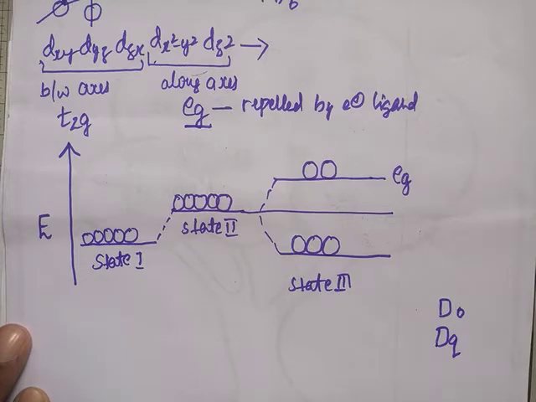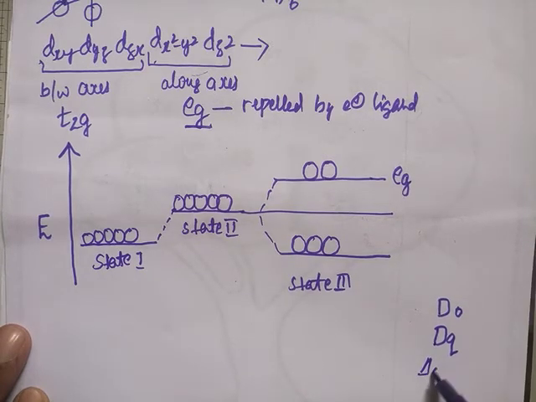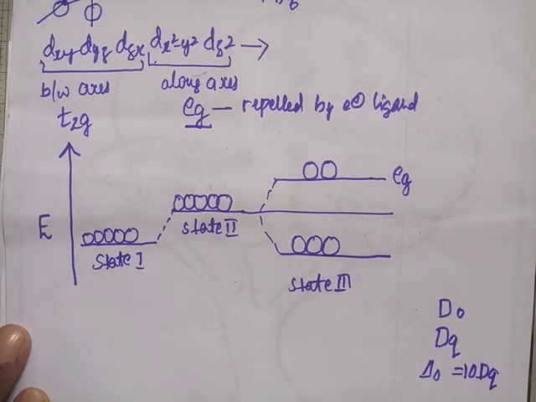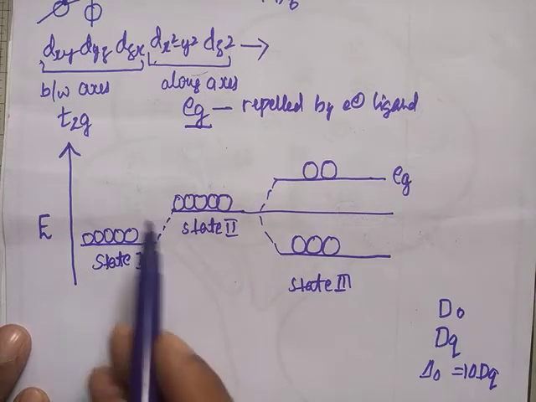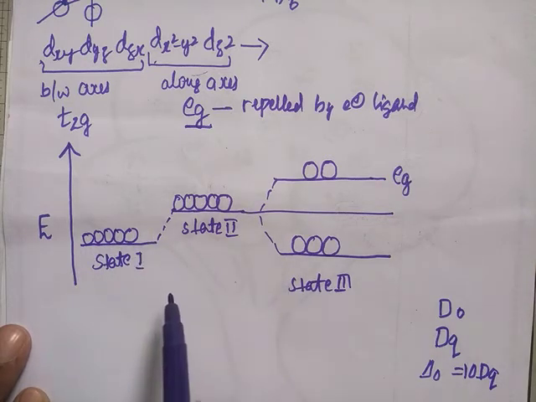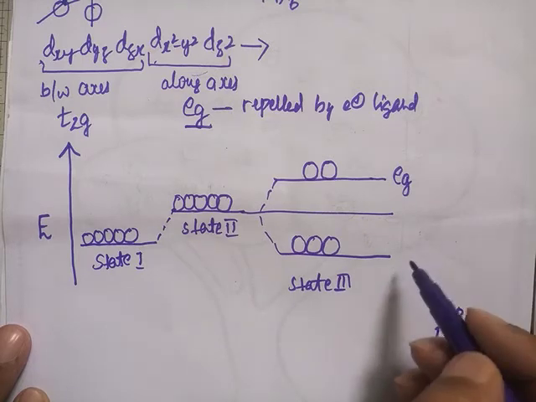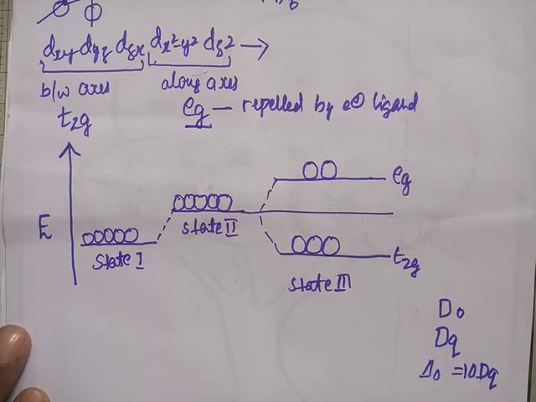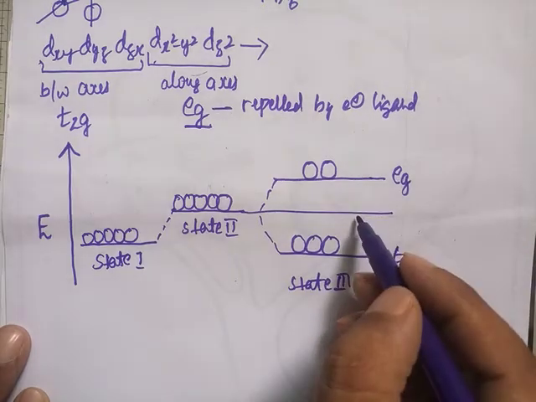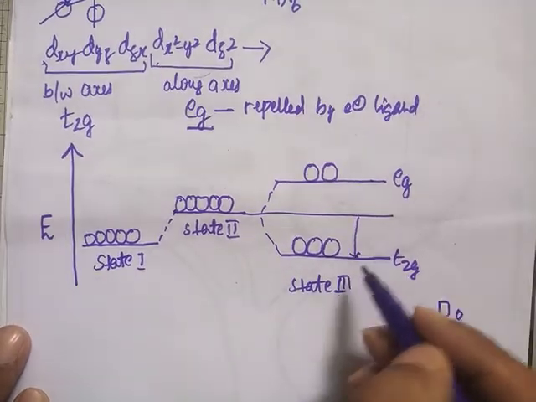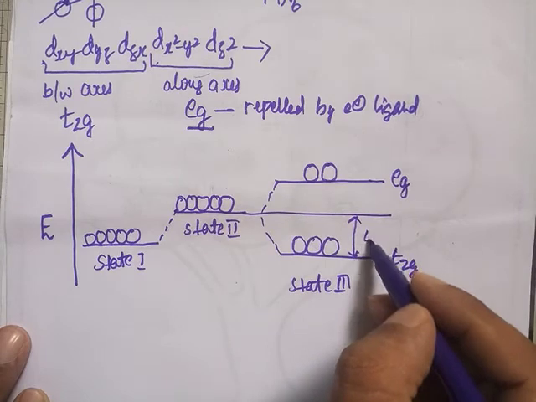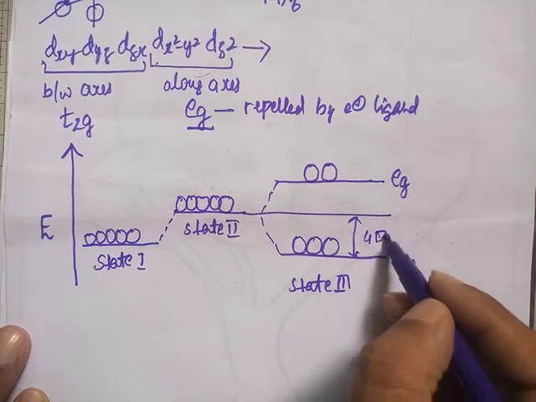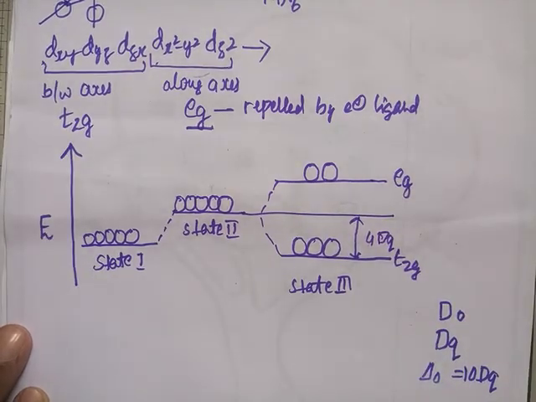By convention, delta naught is taken to be equal to 10 Dq. So in an octahedral system, the energy of the T2g orbitals is 4 Dq.